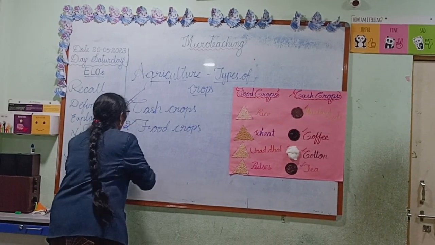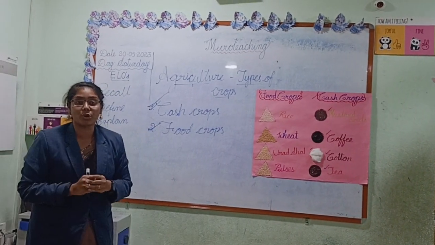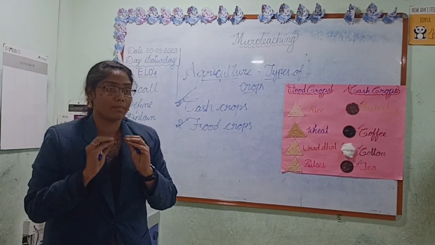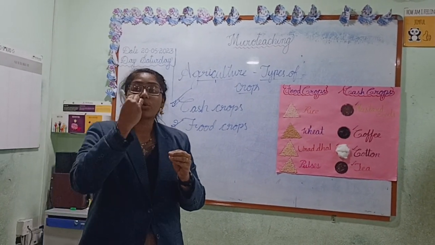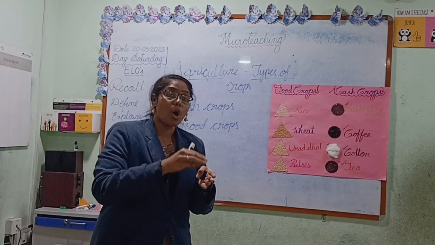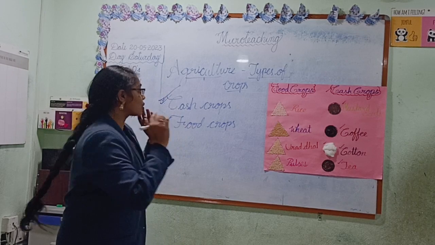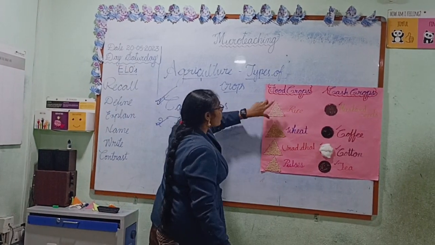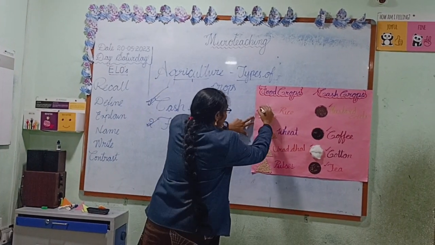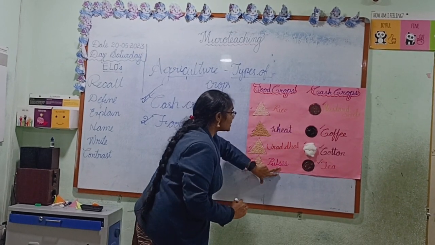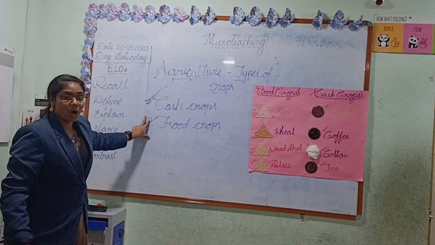Now let us move on to food crops. Food crops are grown for consumption, and are also sold only in local markets. Rice, wheat, urad dal and pulses are the best examples of food crops.